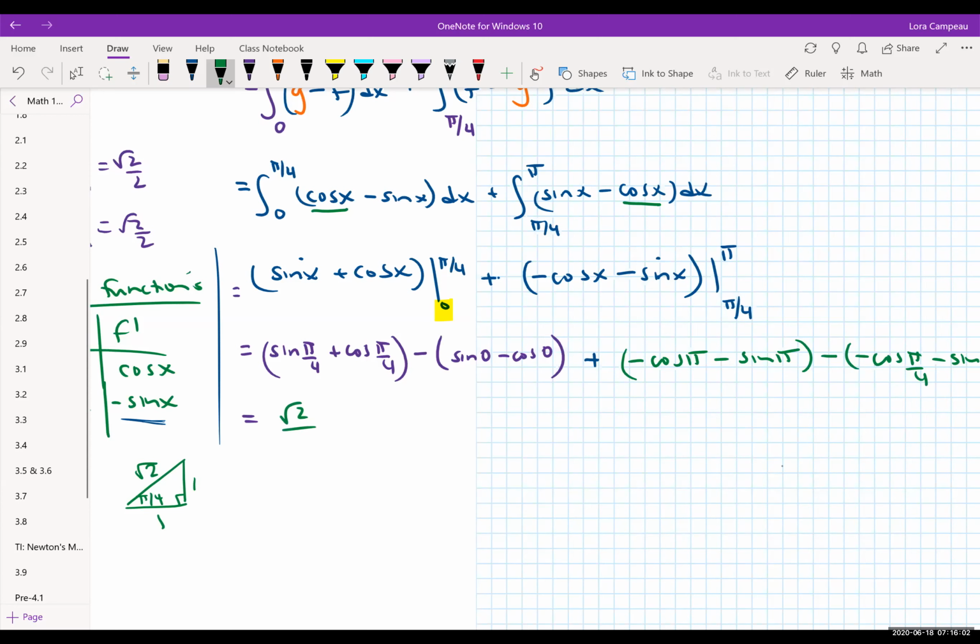So that's where we have square root of 2 over 2, if we rationalize. Cosine of pi over 4 is the same thing, so that's good. Square root of 2 over 2. Now we're subtracting off sine of 0. Sine of 0 is 0. That's fine. And let me make sure.